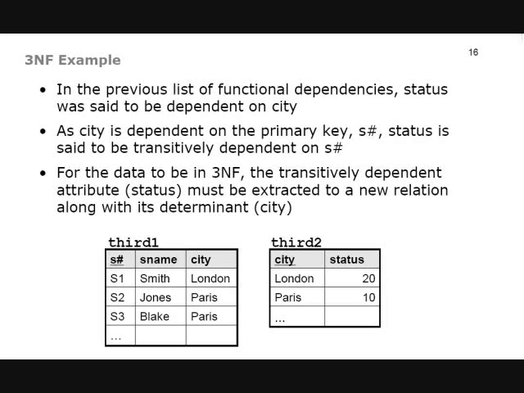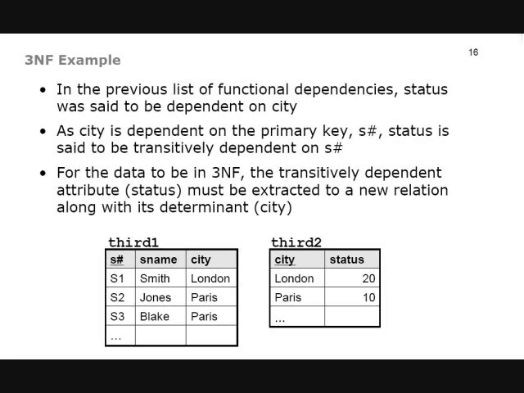Now I have dealt with the redundancy, because I'm only going to store London's 20 once and Paris's 10 once. So I don't have that form of redundancy there. Are we all happy with that?